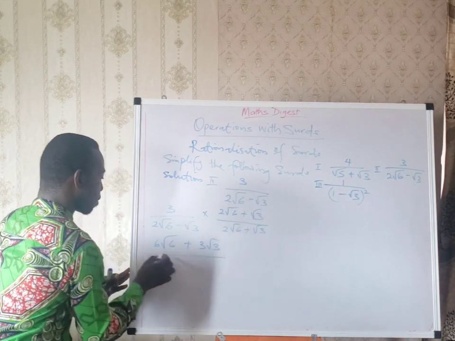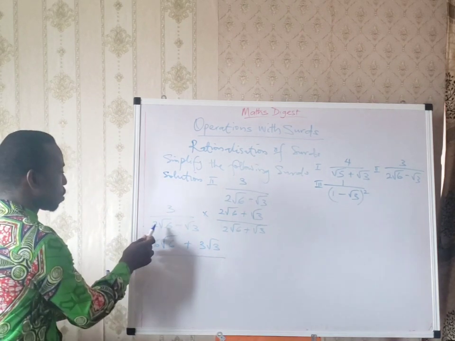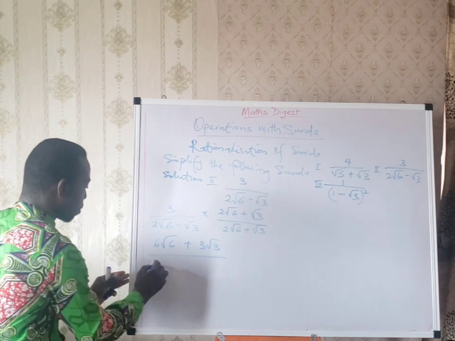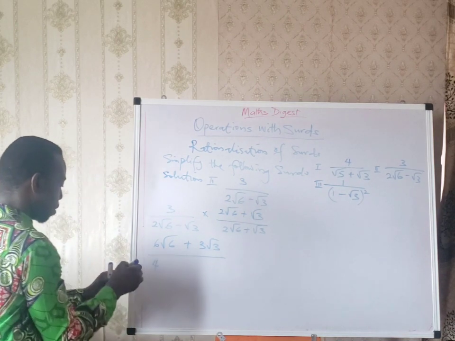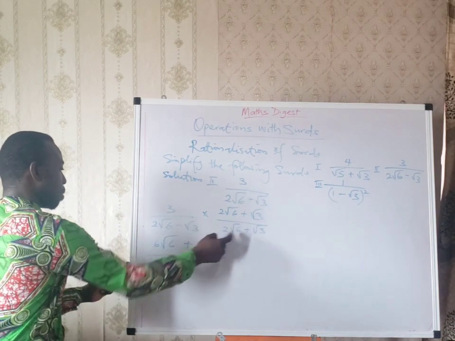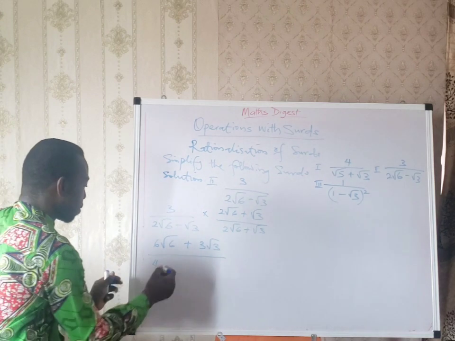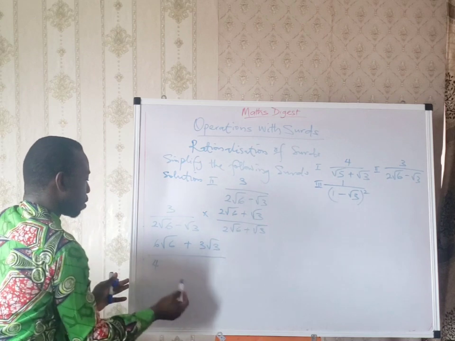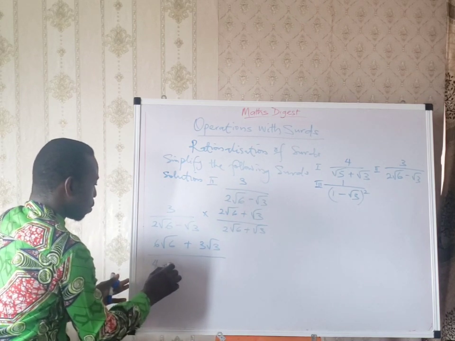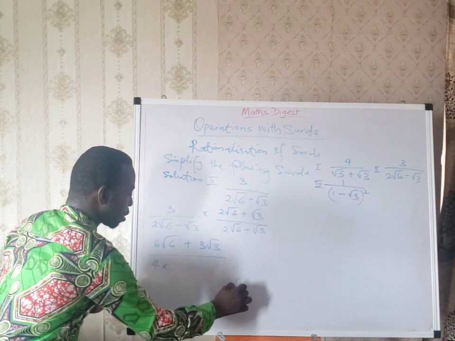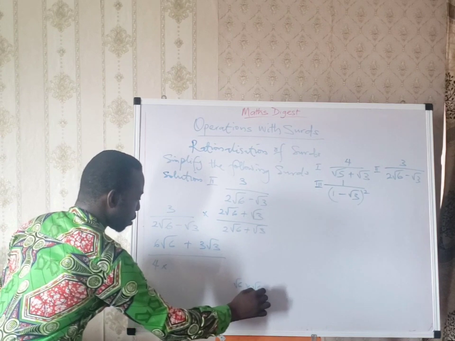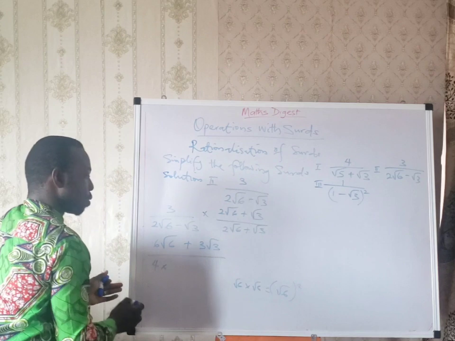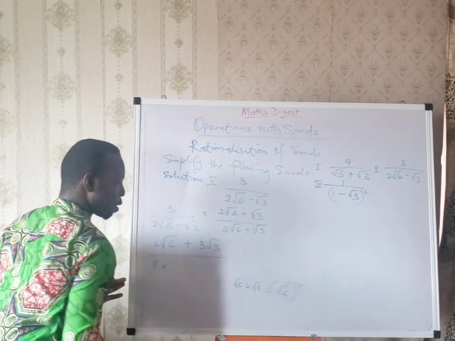Now coming to this one, we have this times this, we have 4. Because we have two irrational numbers here, they are going to multiply themselves. This times this, we simply give you 6, because they will end up having root 6 times root 6. You have root 6 in brackets squared, and this square will cancel the root.